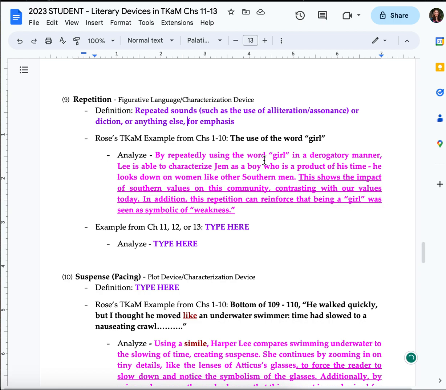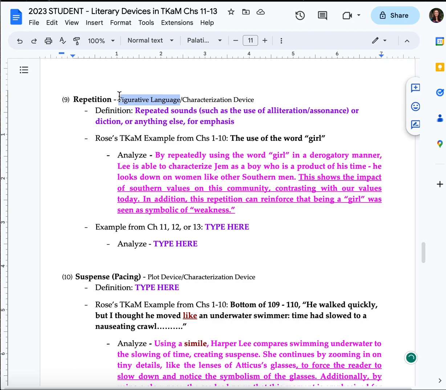If you are repeating something, maybe it's a symbol or the use of a theme or the use of a word or the use of a sound, we are repeating that on purpose. If we're repeating sounds, there's a great line that we just read in chapter 10, with movements so swift they seemed simultaneous. That alliteration, right, is emphasizing that moment. It's giving me that figurative language moment. It's slowing us down. It's creating the pacing.